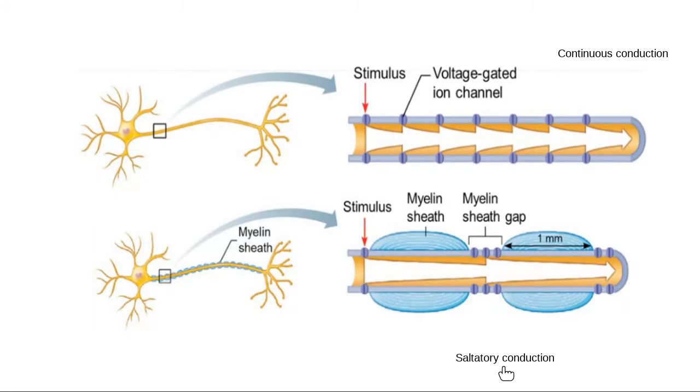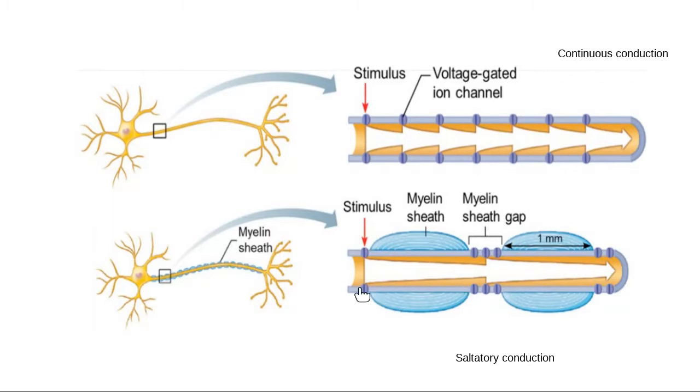The other analogy I like to give with this is to think about if you were running down a hallway or in a relay race, and every time that we see right here, there's a door that you have to open and go through. If we're doing continuous conduction, every 5 feet you have to open a new door to keep going.